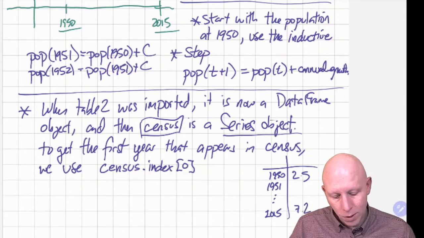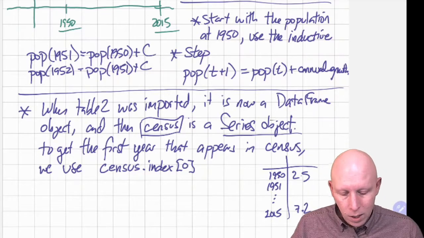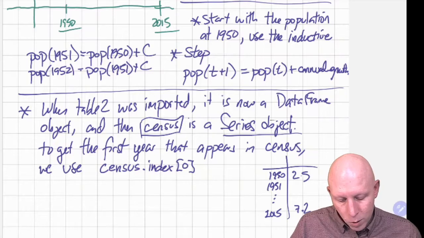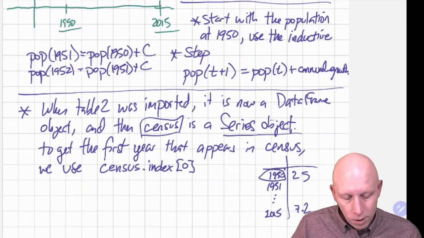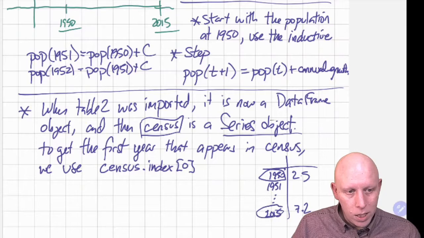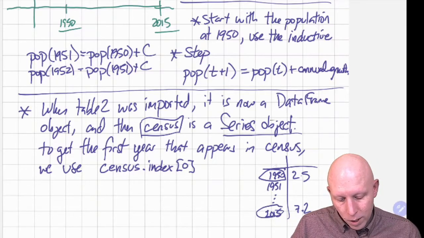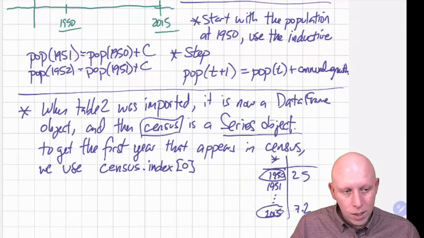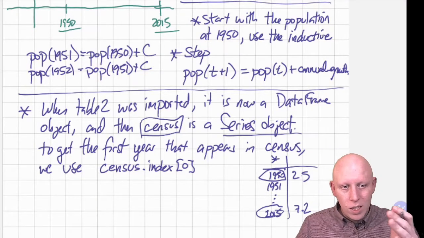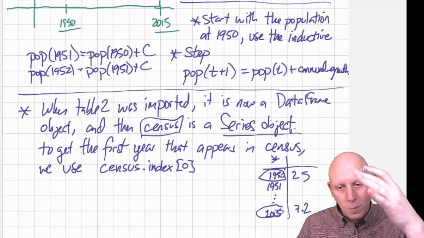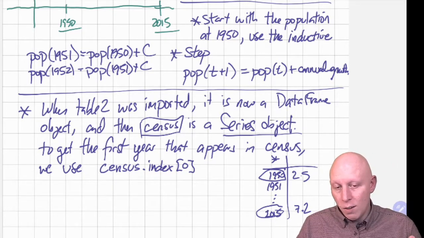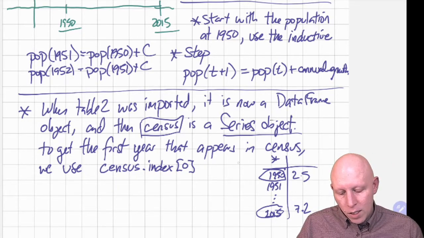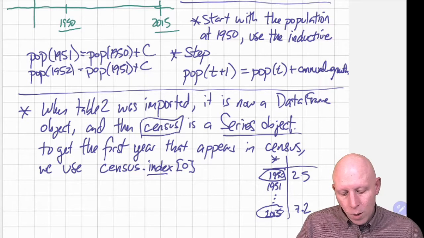I don't know exactly, let's just approximate that. So what we need to do is extract this number 1950 and this number 2015. And so this column that everything is based on, the array of data, this is the index. And so what we're reading off here, the 0 tells us we want the first index of the list.